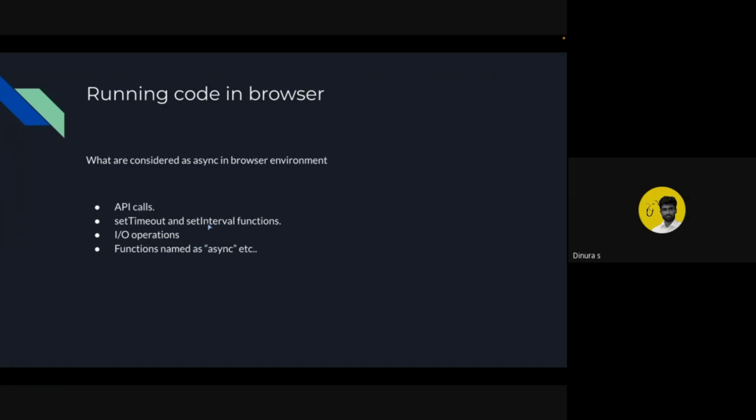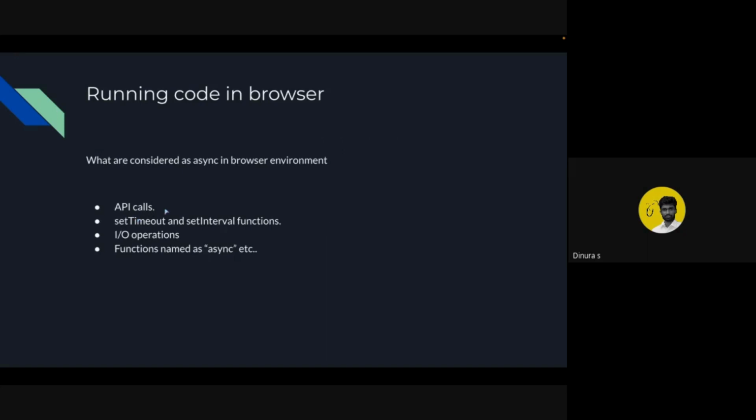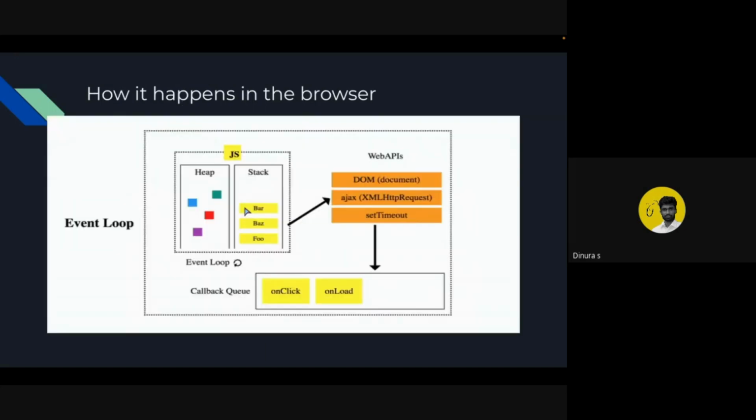These are called time-consuming tasks, right? When an API call is added to the thread, it's not suitable to block the thread just because the API call is waiting for a response. So let me show you with an example in the JavaScript engine.